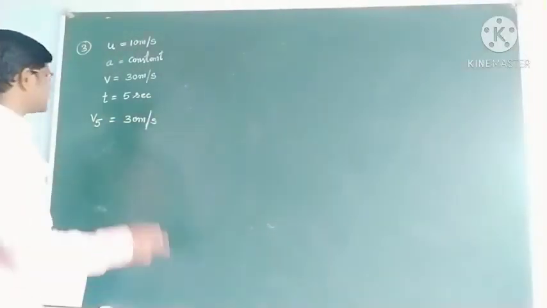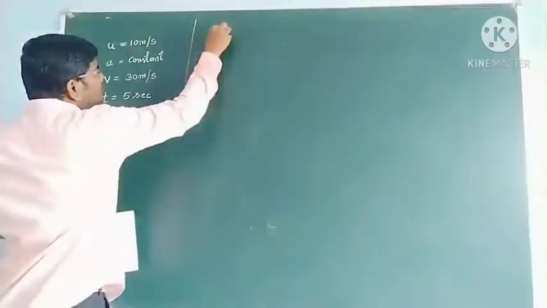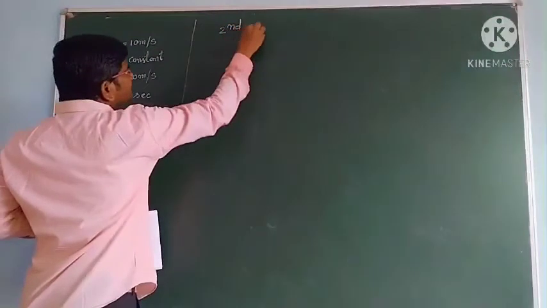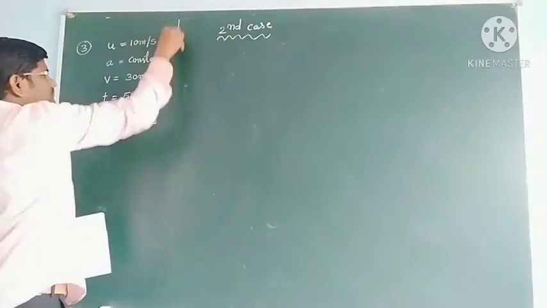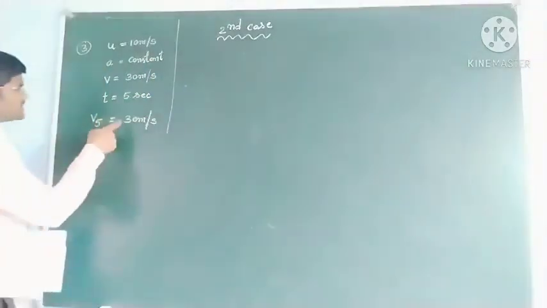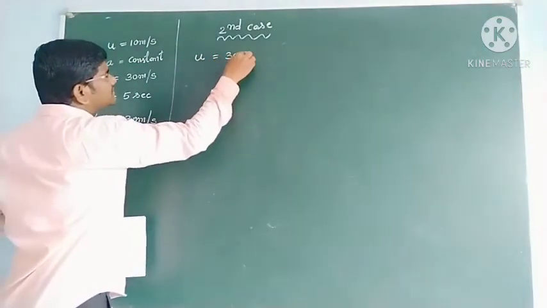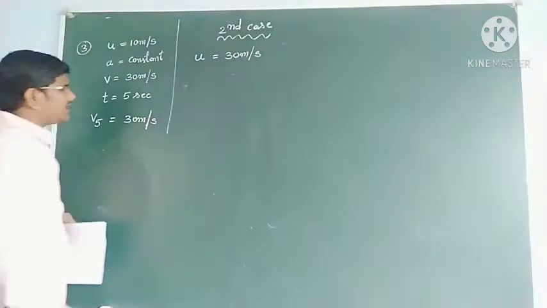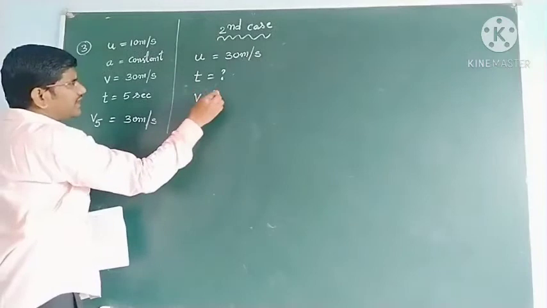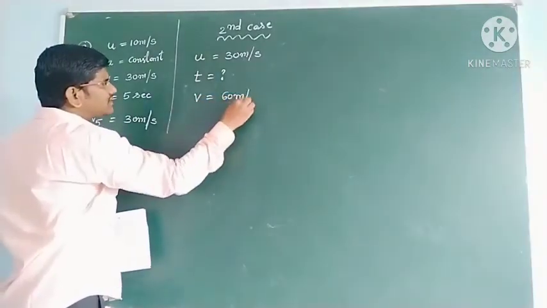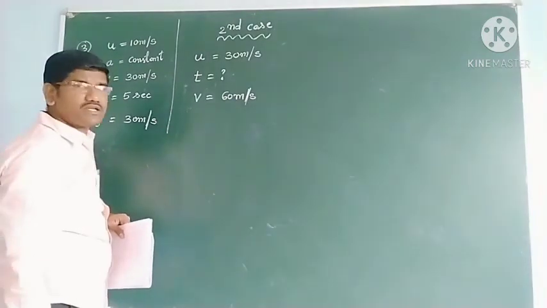In the second case, consider this 30 meters per second as the initial velocity, and after what time it can attain a velocity of 60 meters per second, they are asking.